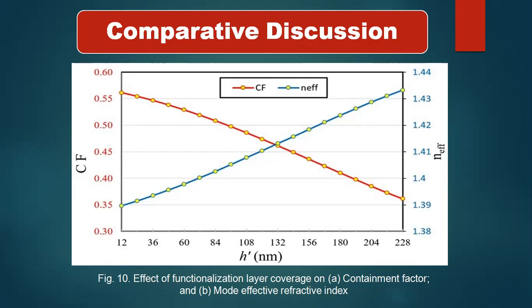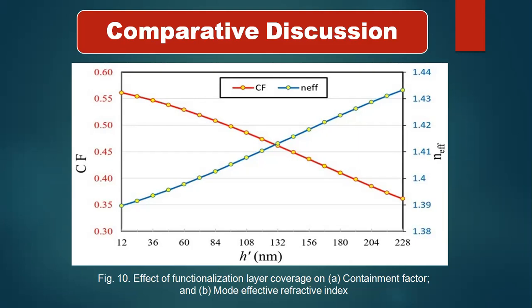And the containment factor was particularly studied. Before we jump into interpreting this graph, let us see what containment factor is. Containment factor is nothing but the ratio of the power flowing through the desired region divided by the power that is flowing through the entire region.